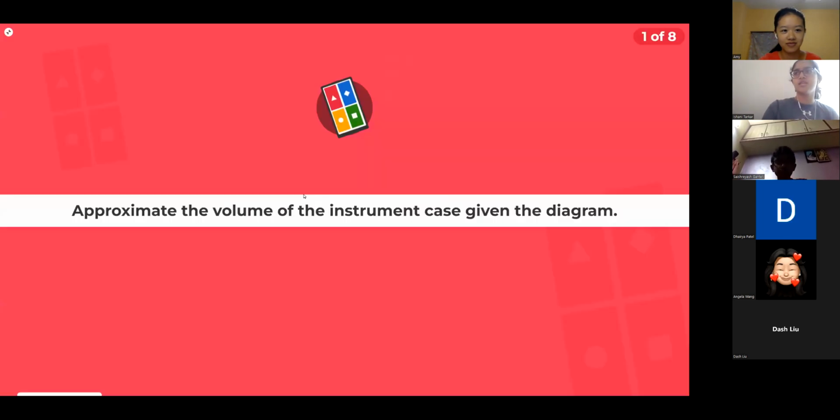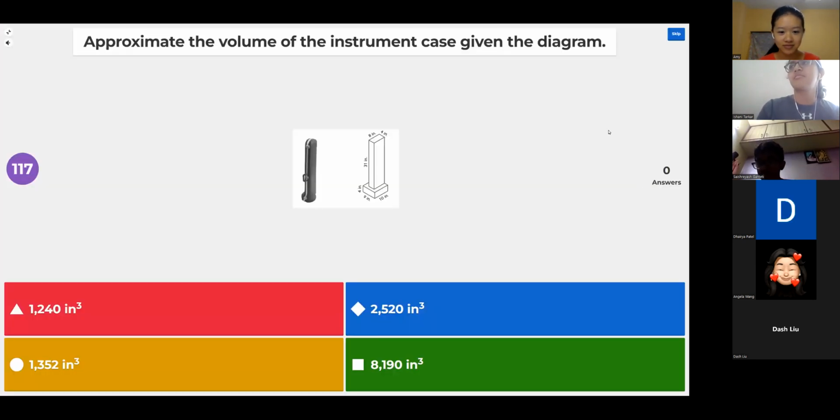So question 1: approximate the volume of the instrument case given the diagram, right? I'd just like to say I found these questions online. I didn't actually make them. I found them on another Kahoot for the first few.